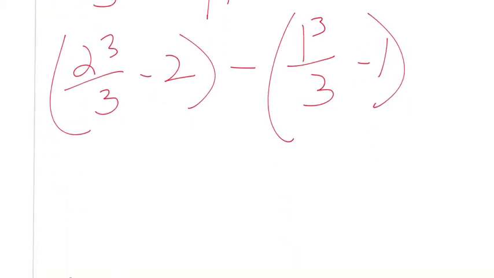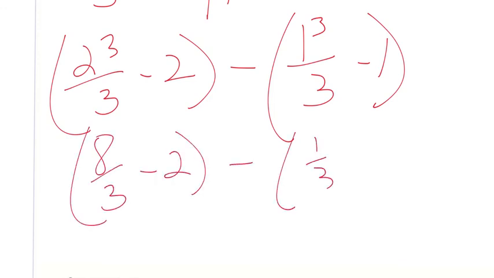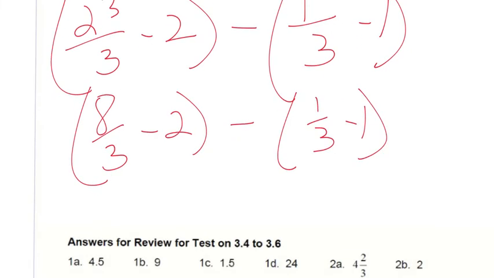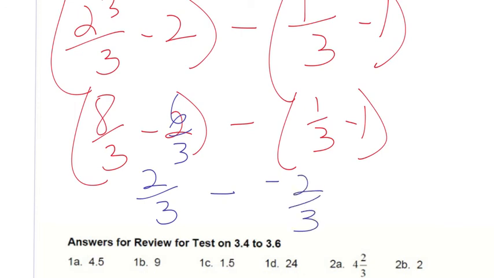And simplifying, this is 8/3 minus 2 minus 1/3 minus 1. This is 2/3 minus -2/3, and we get 4/3 as an answer.